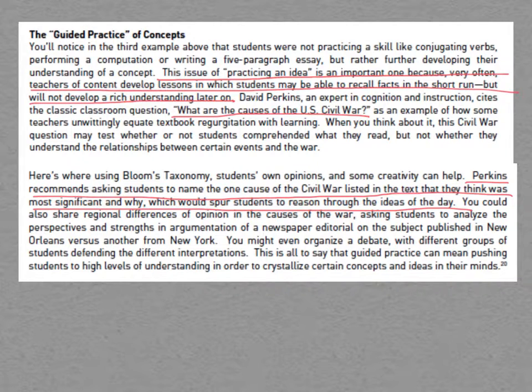You could also share regional differences of opinion in the cause of the war, analyze the perspectives and strengths of arguments between two different views, one from the North, one from the South. You could organize a debate with different groups defending different interpretations of why the Civil War occurred. These things are going to help students get a deeper grasp of the material other than just regurgitating information.